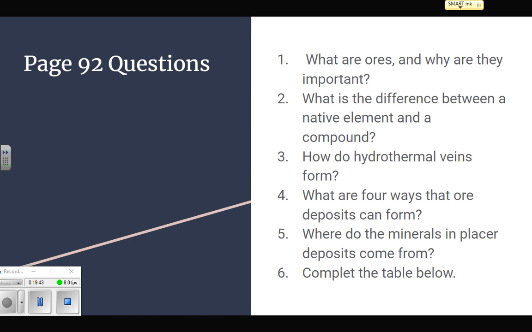Question 2. Answer can be found on page 89. Native elements are made of only one element.